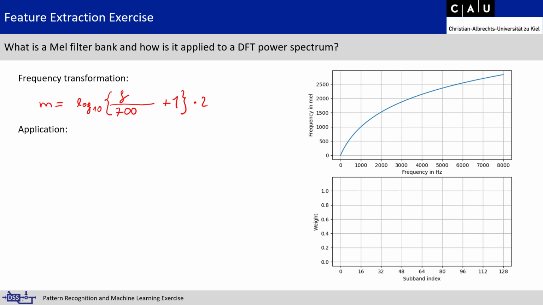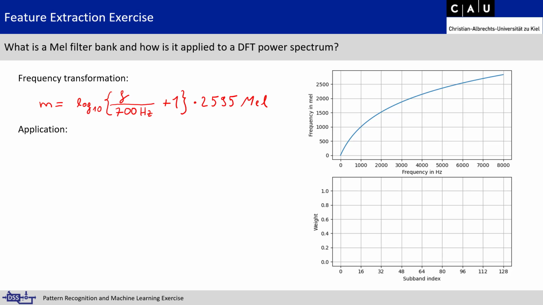We scale it by 2595. And because we want to take care of our dimensions, we multiply it by MEL because we want MEL as our output, and we have to cancel out the Hertz, so we add Hertz down here. This is then the entire mapping function to go from the Hertz frequency scale to the MEL frequency scale.